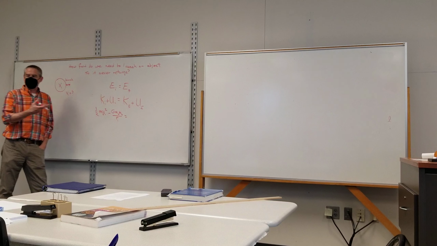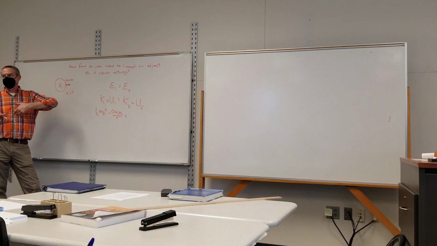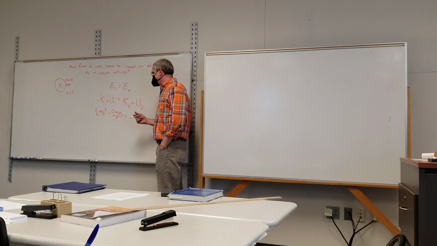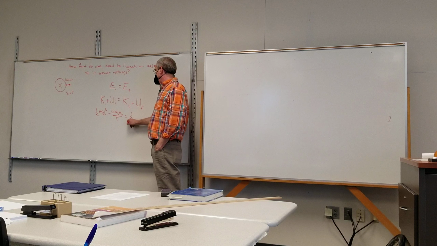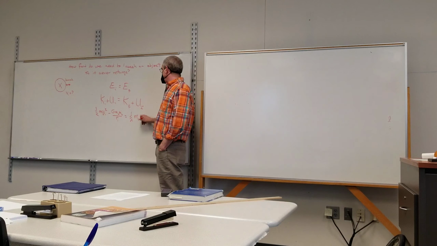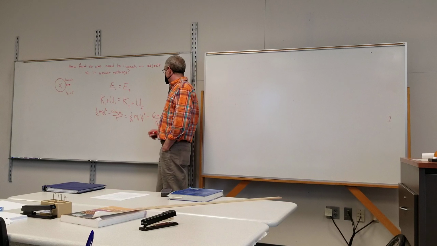So minus G mass 1 mass 2 divided by R. That's just the formula, and I'm just giving it to you. Deriving it requires calculus. So 1/2 mass of the object times the final speed of the object squared, minus G m_x m_o over R final.